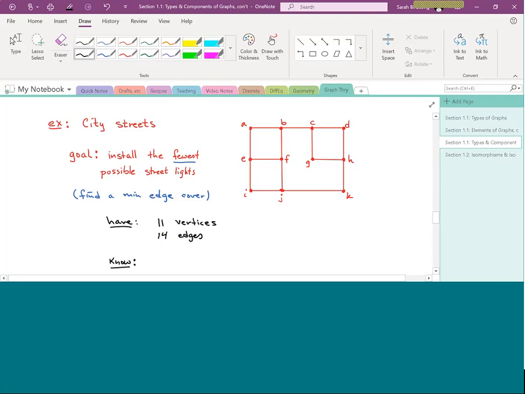So this tells us that the maximum number of lights that we will ever possibly get is 11. So in terms of our edge cover, somewhere between 0, hint, it's not going to be 0, and 11 is going to be the number of vertices in our edge cover.